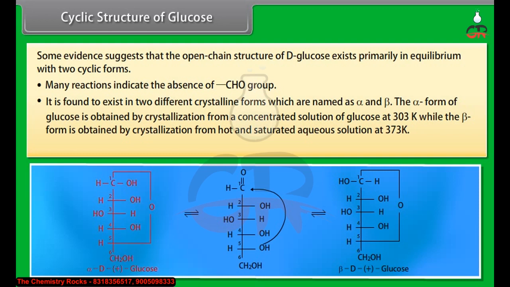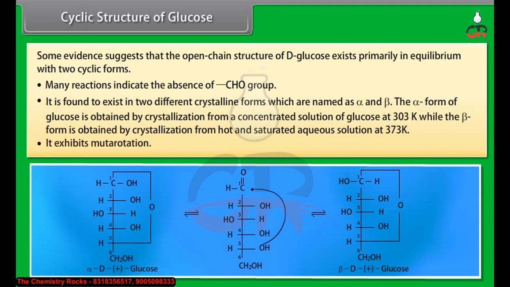The alpha form of glucose is obtained by crystallization from a concentrated solution of glucose at 303 Kelvin, while the beta form is obtained by crystallization from hot and saturated aqueous solution at 373 Kelvin.